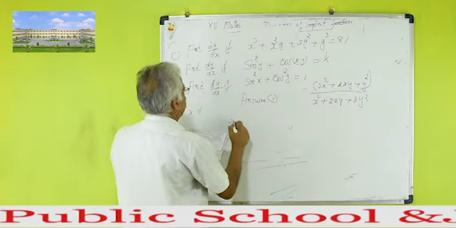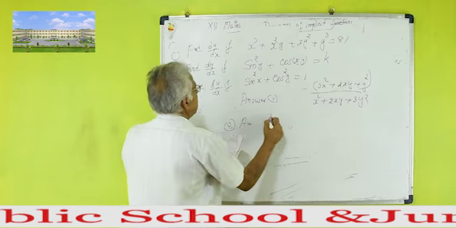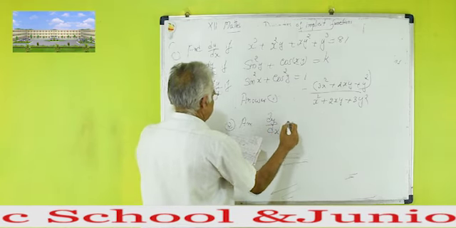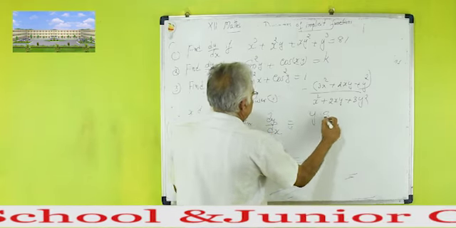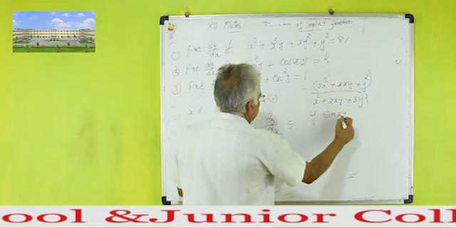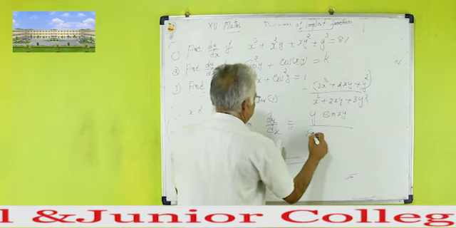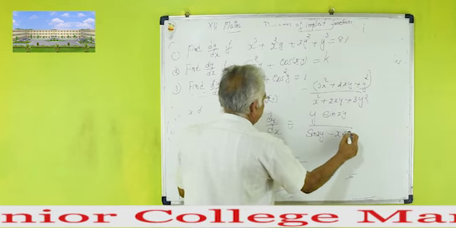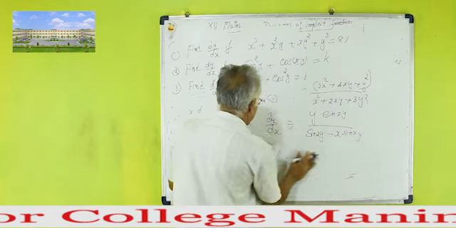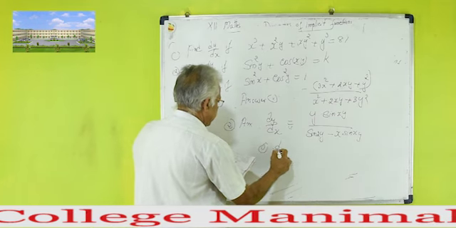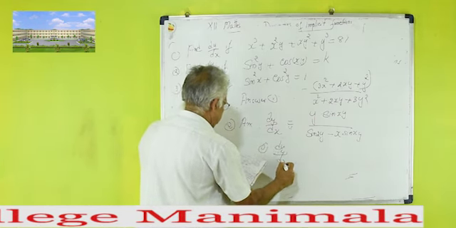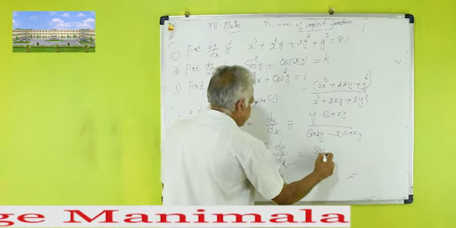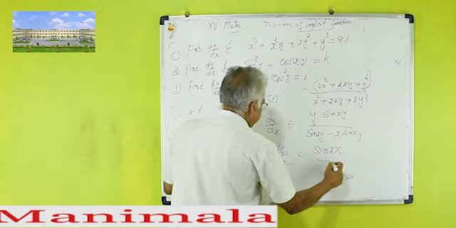Second question answer: dy by dx is equal to y into sin of xy by (sin 2y minus x into sin of xy). And third question answer: dy by dx is equal to sin 2x by sin 2y.